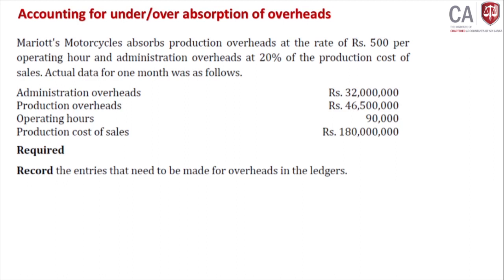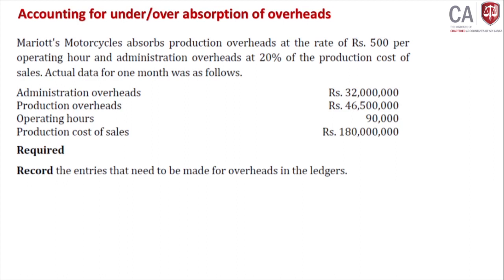Accounting for under over absorption. Marriott Motorcycles absorb production overhead at the rate of 500 per operating hour.